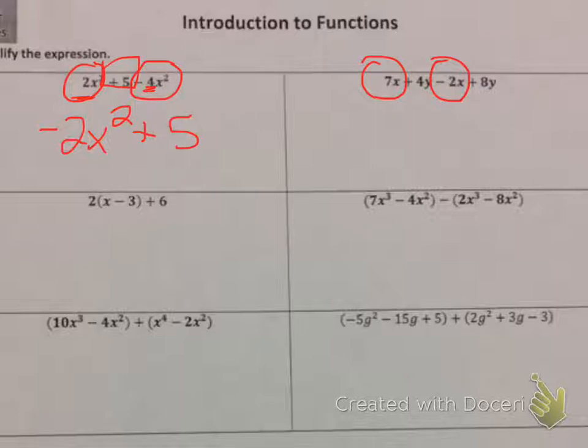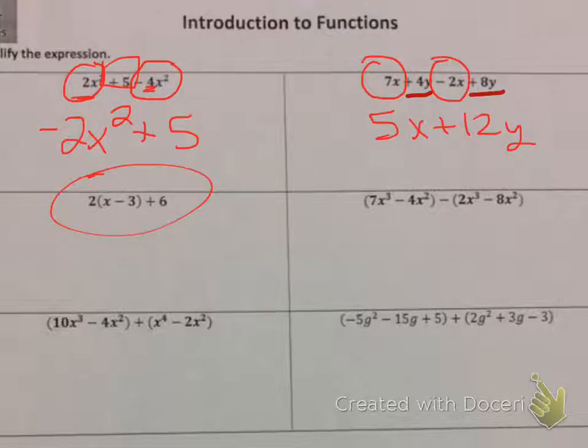So 7 minus 2, which is 5, and throw the x back on them. Then I'm going to do the same thing with the y's. I have 4y plus 8y. So 4 plus 8 is 12. Throw the y back on. Again, what we're doing is just simplifying expressions here as an introduction to some stuff we're going to do later on.